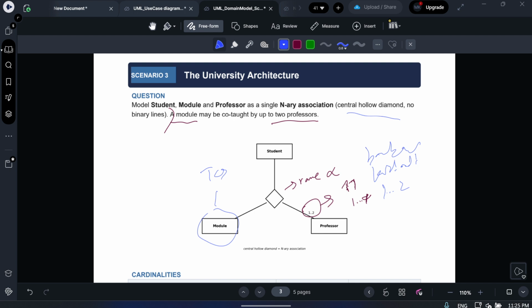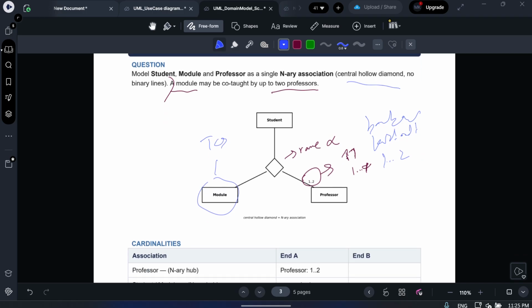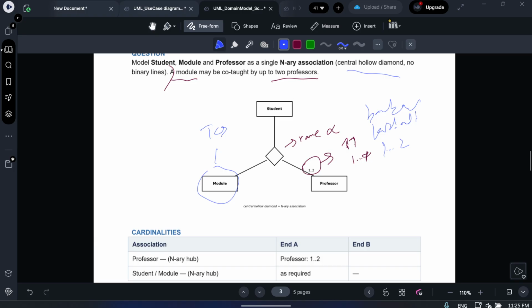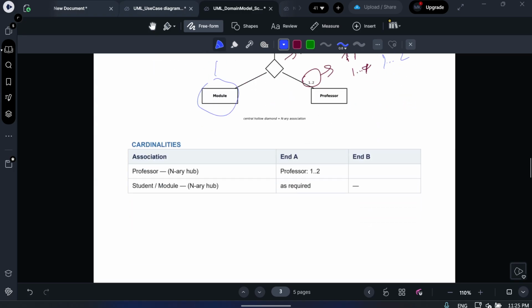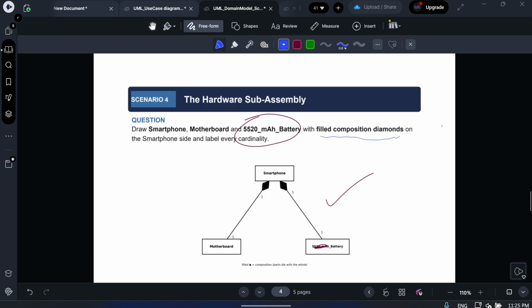So in that way, you would know that 1 to 2 professors can teach 1 module. In that way, the relationship from module is there and student is up there. This is pretty much the simple situation.